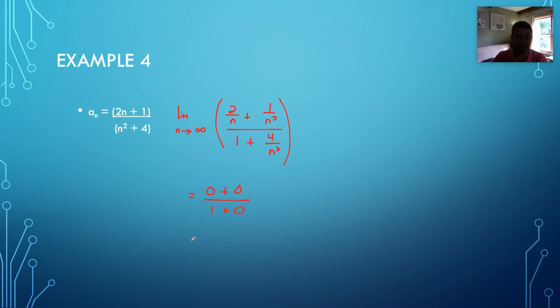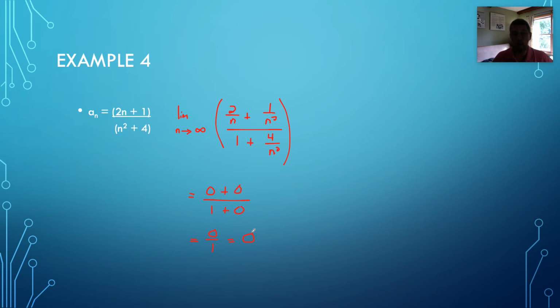And so my fraction simplifies to 0 over 1, or simply 0. And so the limit as n approaches infinity of this sequence, 2 times n plus 1, all over the quantity n squared plus 4, gives me 0.